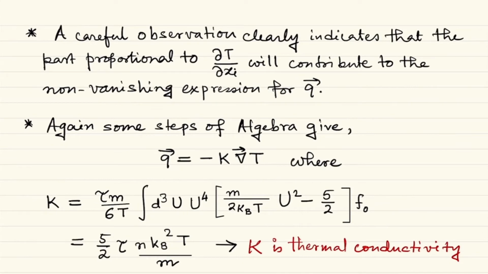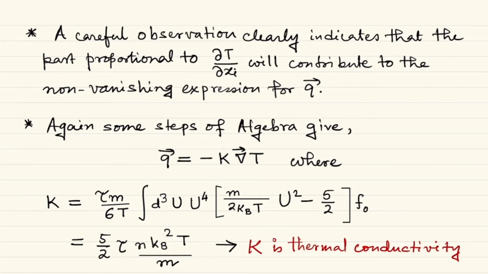Now again here you have a few steps of cumbersome algebra, I agree, but systematic algebra, of course. You have to be a bit careful, and that will finally give you the result. Rather than doing this algebra, it is more interesting to understand the physics.